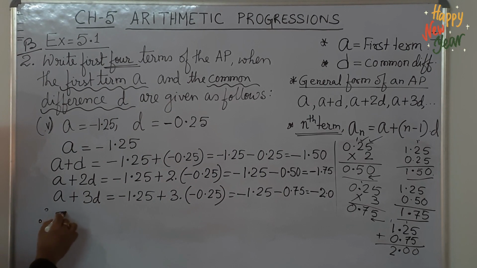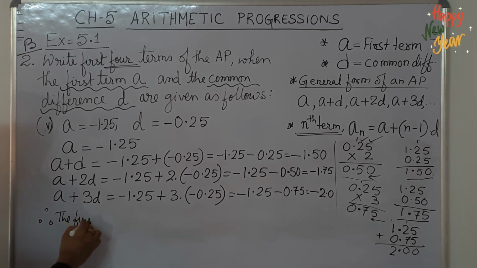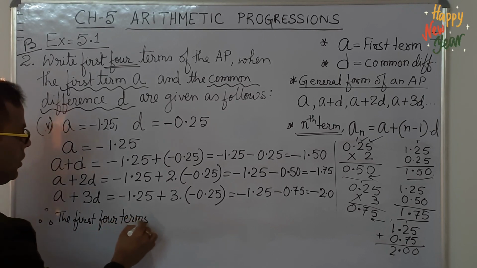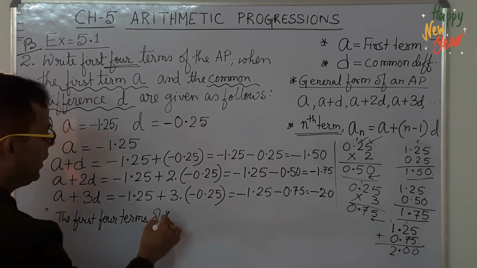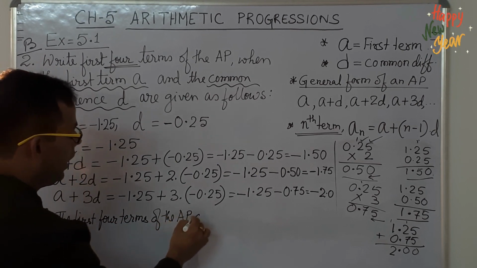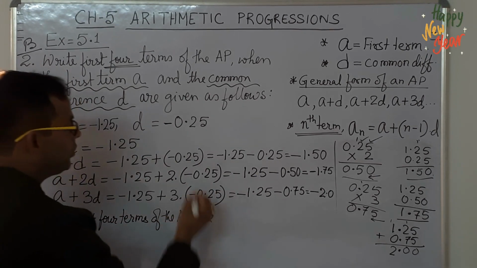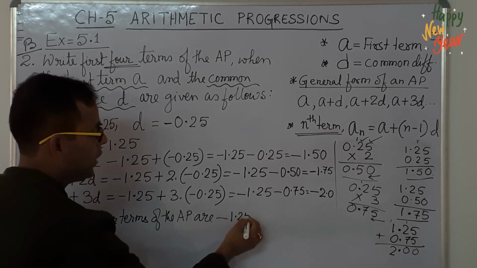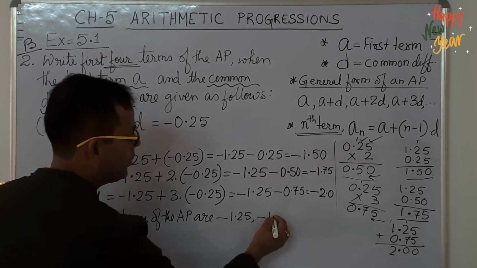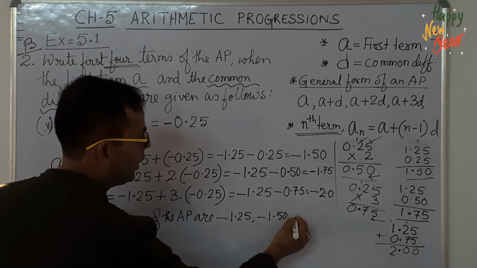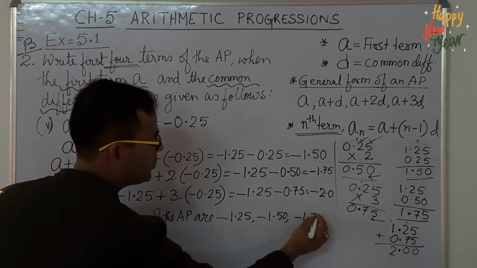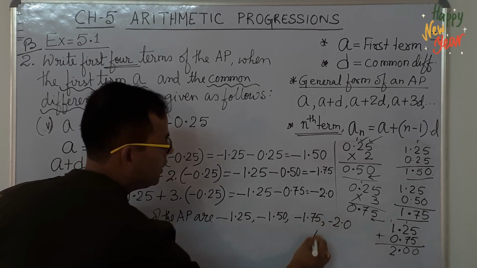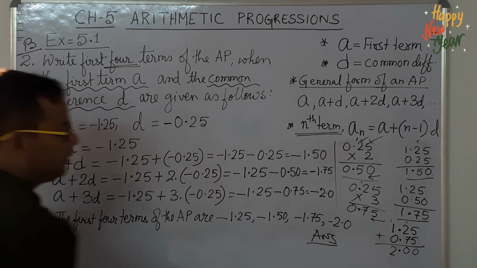Therefore, the first 4 terms of the AP are minus 1.25, minus 1.50, minus 1.75, minus 2.0, and this is the answer.